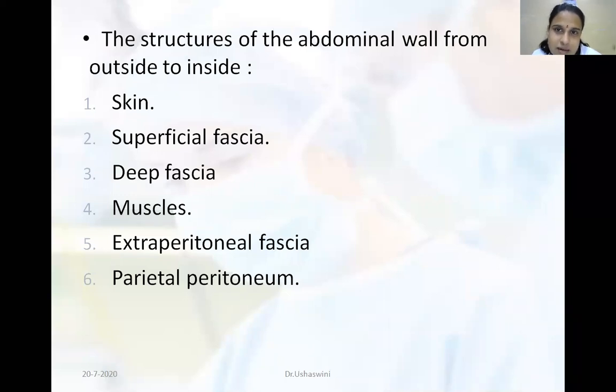The skin, underneath is the subcutaneous fat, superficial fascia, which is divided into two layers: the superficial fatty Camper's fascia, and the deeper membranous layer, which is called Scarpa's fascia. Next, the deep fascia, muscles surrounded by the deep fascia. Next, extraperitoneal fascia and the parietal peritoneum, the innermost structure.